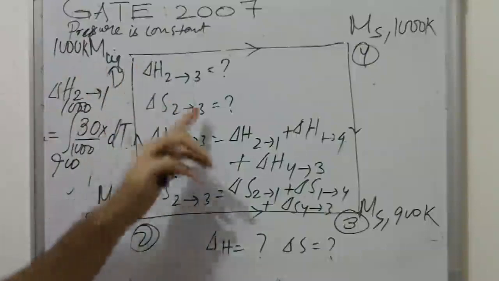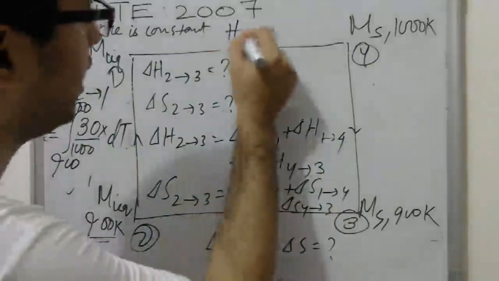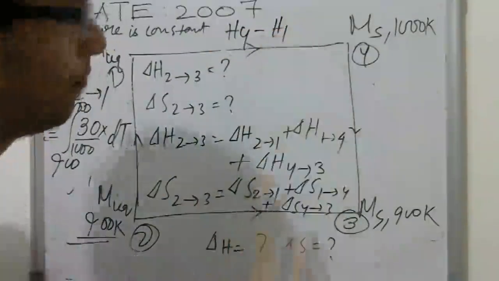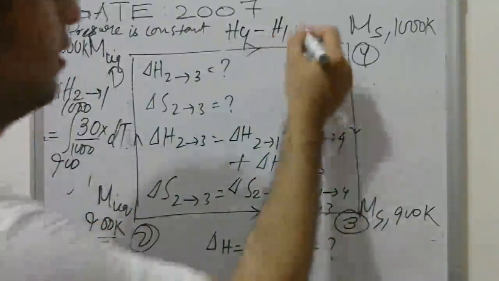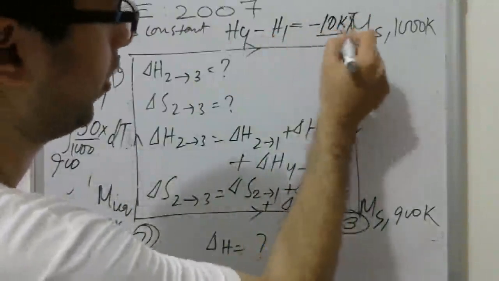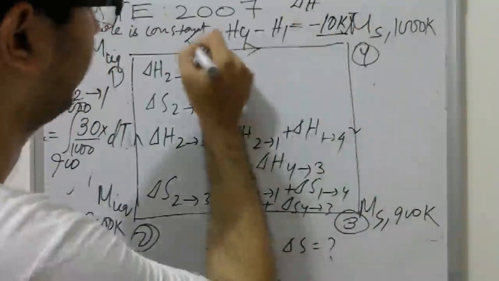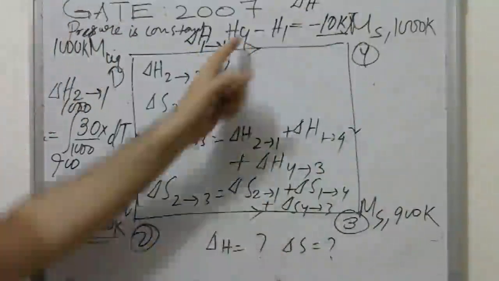So whenever I were talking about 1 to 4, so it's actually H4 minus H1, right? So H4 minus H1 is negative 10 kilojoule. This is the enthalpy. 1 to 4, right? 4 minus 1.